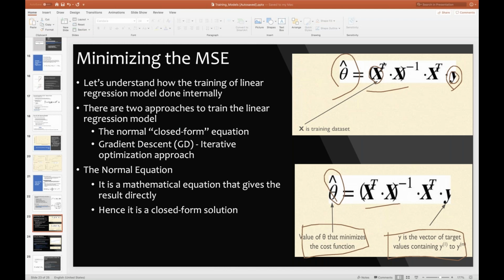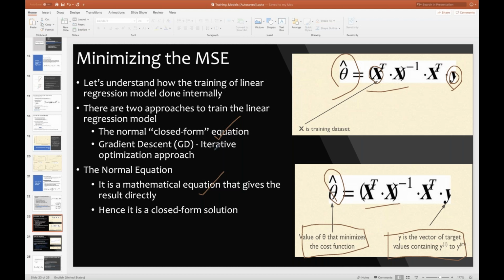Now, when you're talking about MSE, just remember two things. The first thing is MSE is nothing but the errors that come when you train a model. In linear regression, you can train a model in two approaches. The first approach is the normal equation, which is just a mathematical formula that gives the results directly.